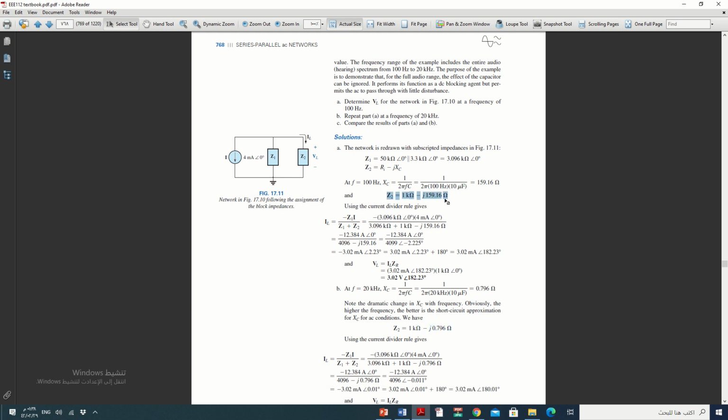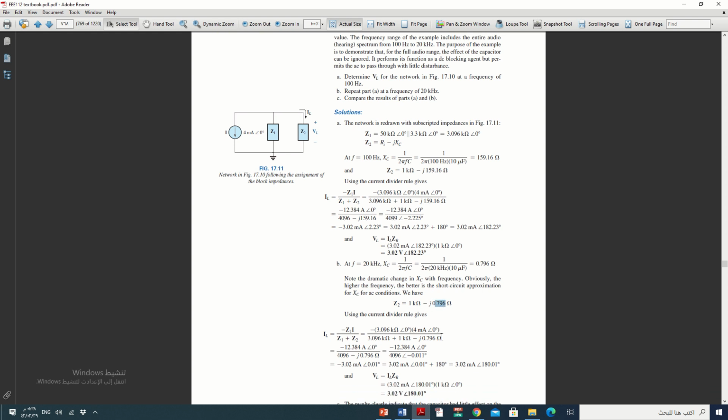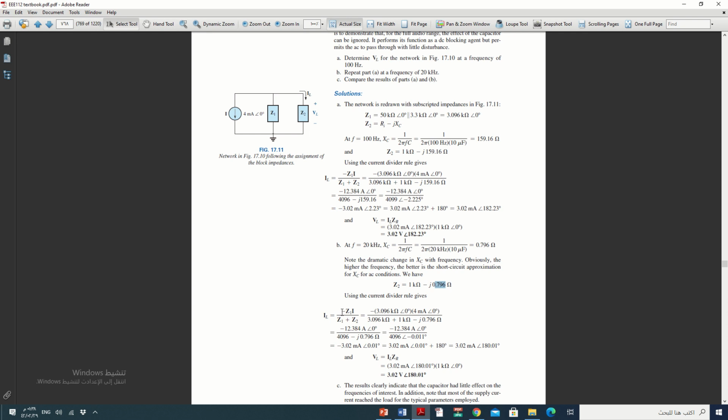Here it was 159, now 0.796. Okay, we'll do the same procedure. Z1 multiplied by I over the summation of Z1 plus Z2. You will find the final answer for the current 3.02, and the angle after replacing the minus by 180 becomes like this.